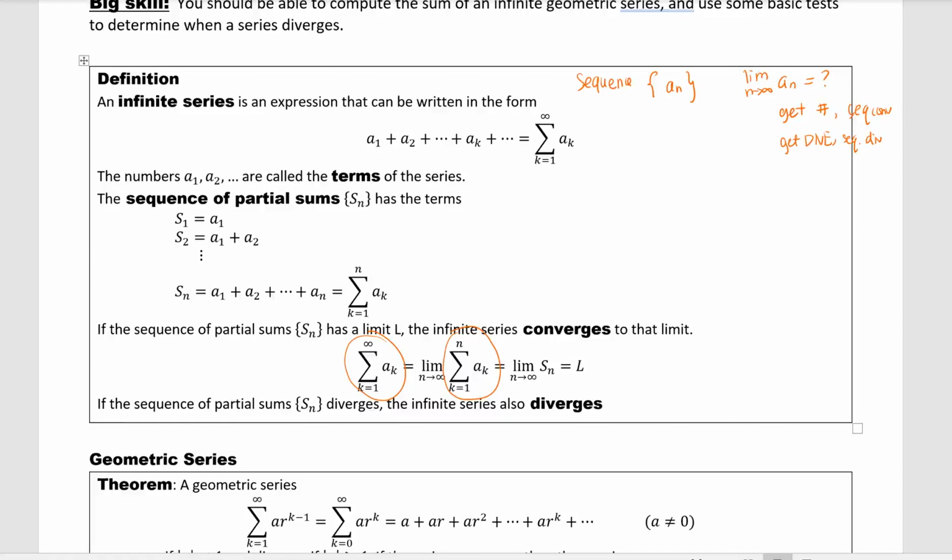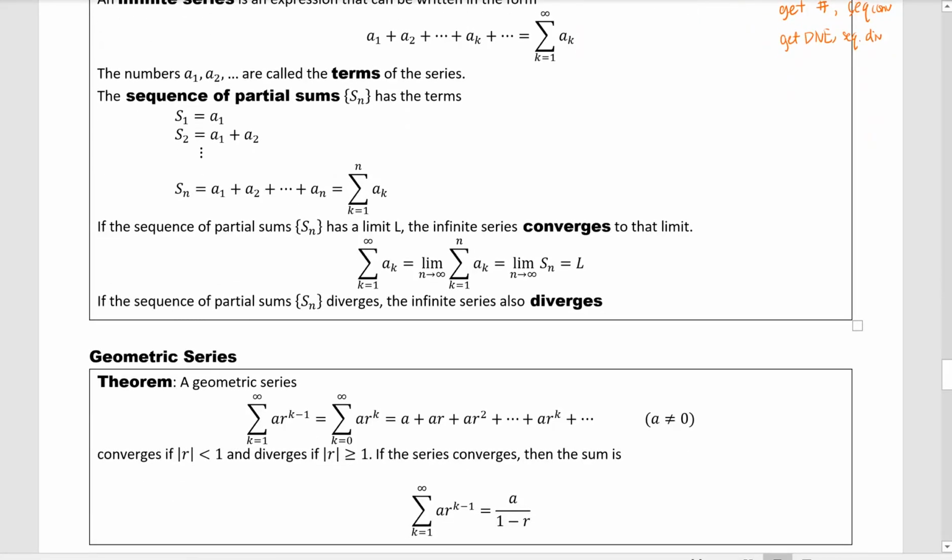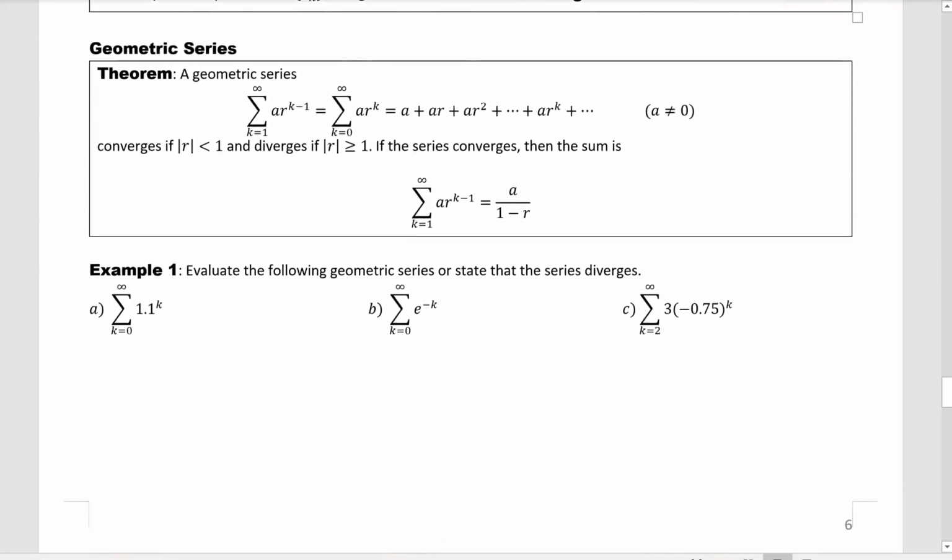If the sequence of partial sums diverges, then the infinite series also diverges. Diverges means the limit does not exist, it's like infinity. So in the remaining sessions of this chapter, we will learn different kinds of series, and we'll talk about multiple tests to know whether the series converges or diverges.